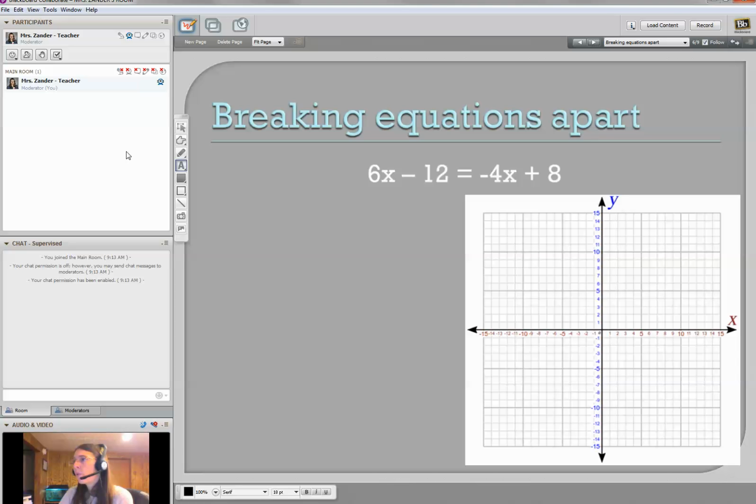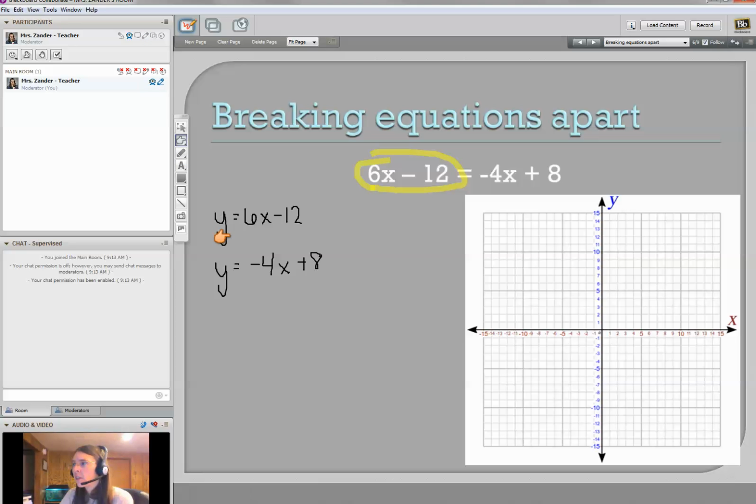So we can say y will equal 6x minus 12, and y can also equal negative 4x plus 8. So kind of seeing that substitution method in reverse here, because if I were to substitute this equation into the other or vice versa, we end up with what we have up here. So you can break those apart into two separate equations, and we could go ahead and graph from here as well.